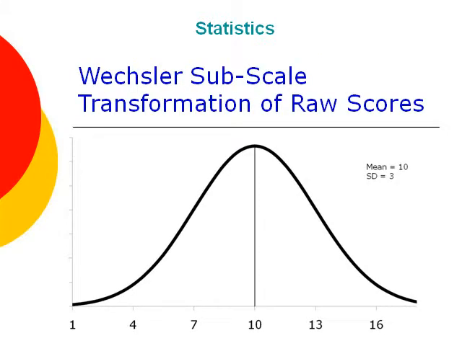In this slide, the raw scores from the original distribution have been transformed into the standard score transformation used in the subscales of the Wechsler test series. Note that the mean of the distribution is 10 and the standard deviation is 3. A score of 16 on this scale corresponds to a score of 38 in the original distribution, as both of them are 2 standard deviation units above the mean.